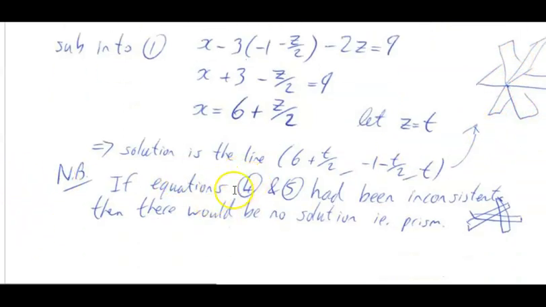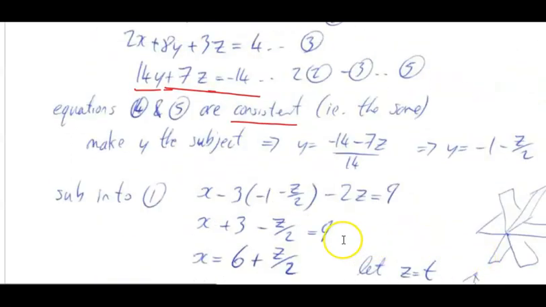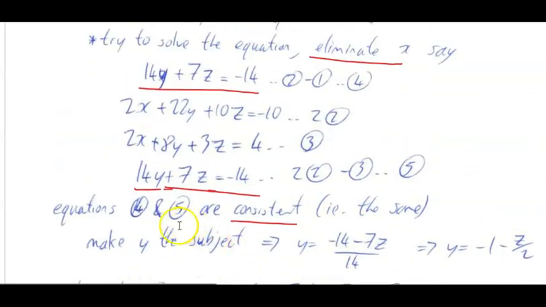If your equation 4 and 5 had been inconsistent, then there would be no solution, and the only other way for there to be no solution is to be the prism. For example, say your equation 4 had been 14y plus 7z minus 14, but say your equation 5 had been, we'll just change that to be 20.